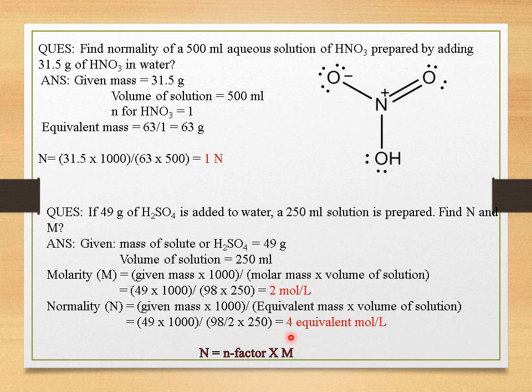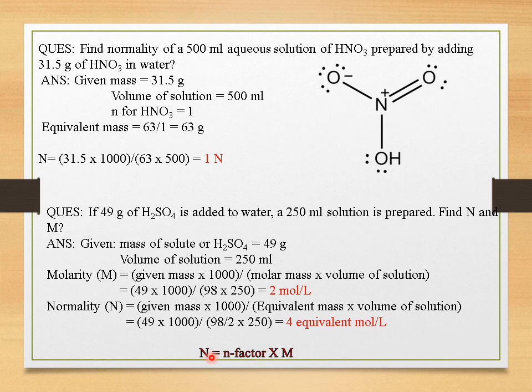If I know the value of the N factor and the value of molarity, just multiply the two. You don't need to do these calculations. Here it was H2SO4, the N factor was 2, and molarity came out to be 2. 2 into 2 means 4 N.